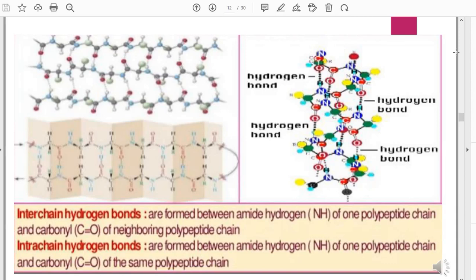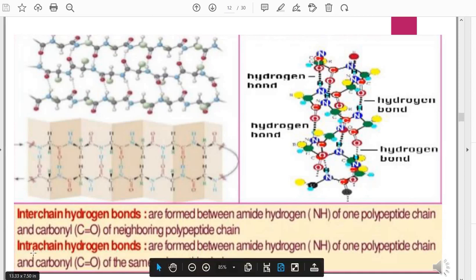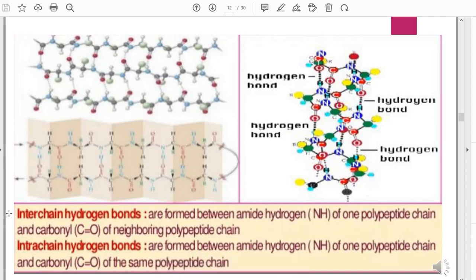Let's explain on the figure. In the beta pleated sheets, the hydrogen bonds have 2 types, either interchain or intrachain. What is the meaning of interchain? It's formed between the amide hydrogen of one polypeptide chain and the carboxylic oxygen of the neighboring polypeptide chain.